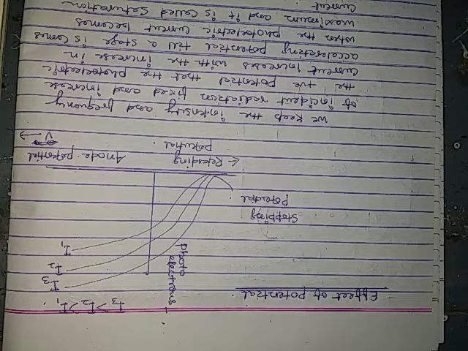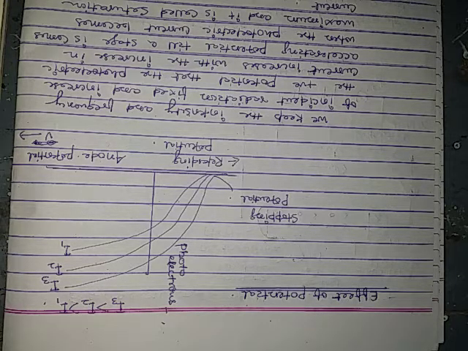Then we see that the photoelectric current increases with the positive potential, not the negative potential. As we increase the positive potential, the photoelectric current increases with the increase of accelerating potential, and suddenly a stage comes when the photoelectric current reaches the maximum point. It is called saturation current.